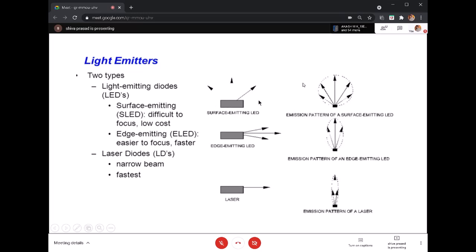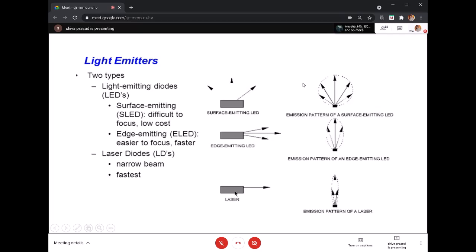The emission is in the perpendicular direction, and here it is dispersing. Here the fiber will be placed perpendicular, whereas in the edge LED it will be along the axis. That's why it is called edge emitting, since it is emitting at the edges.